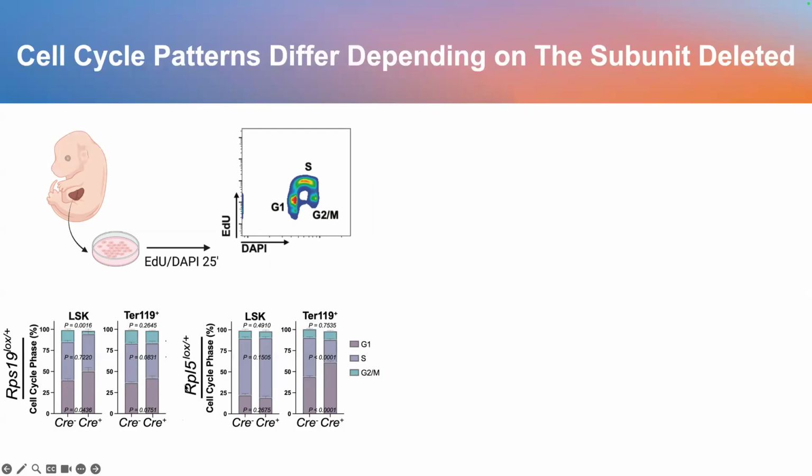So it made me a little bit more comfortable. While in the RPL5, we had this G1 increase in the TER119. So again, this dichotomy, and in the phenotype, everything an effect more on the LSK in RPS19, a hematopoietic defect, while a pure erythroid defect in the RPL5.